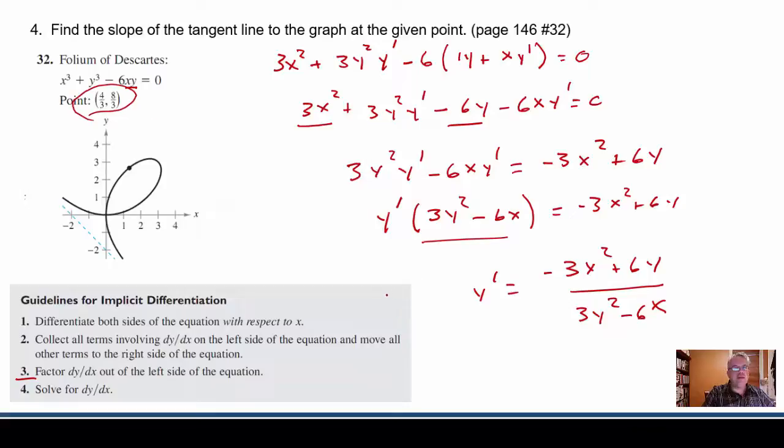That's a crazy fraction, so I'll save you the trouble. If you just carefully put those fractions in for x and y and use your calculator, you get y prime is 4/5, which is 0.8. And that's the slope of the tangent line at that point.